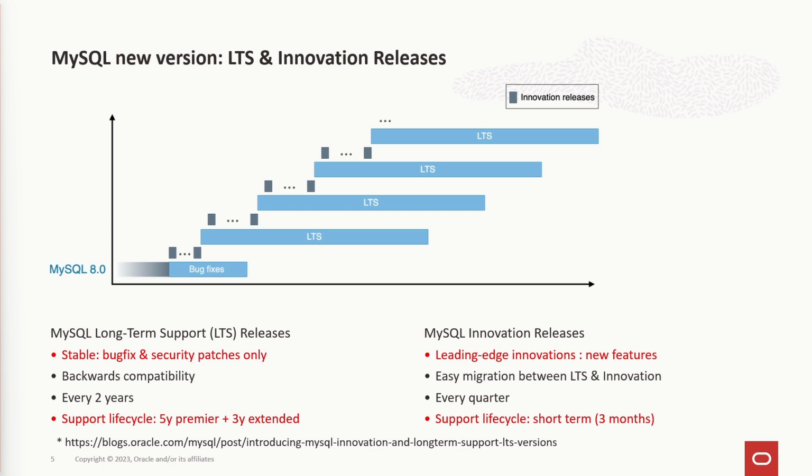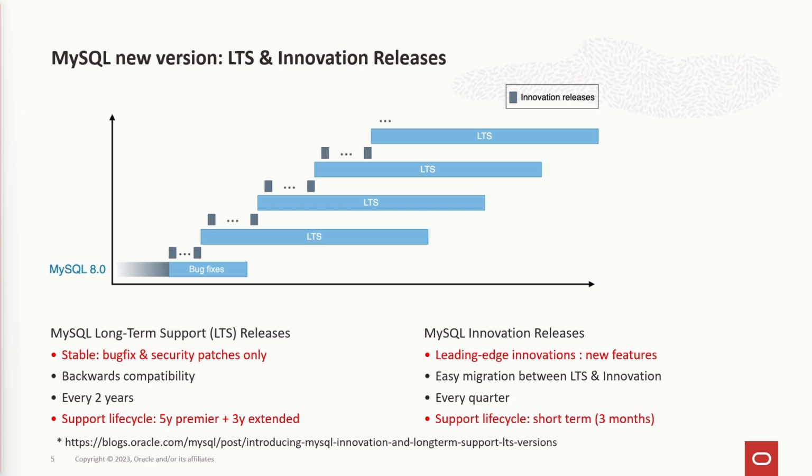Every 2 years, we release a major LTS version. This year, we have the first LTS version, 8.4. And then you may ask, where are the new features? The new features are in the innovation releases. These include new features, but bug fixes also.